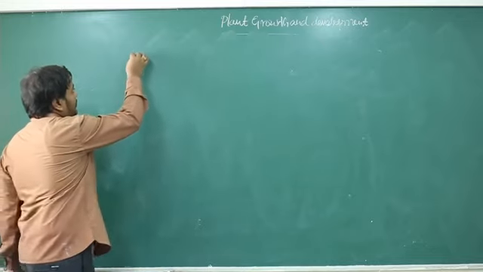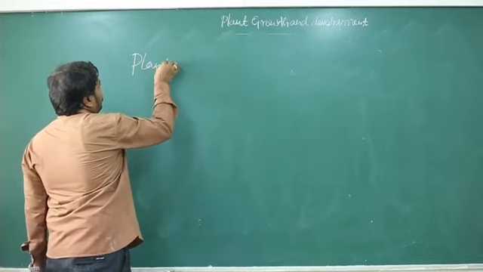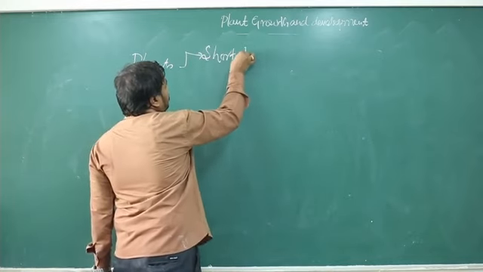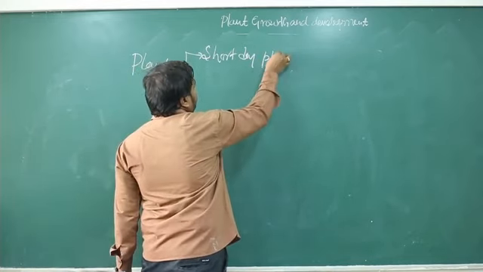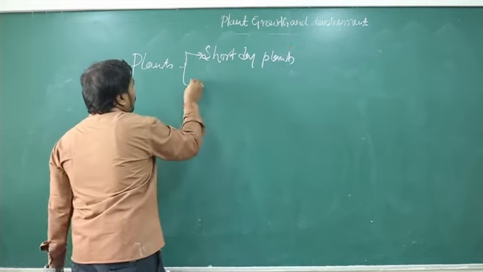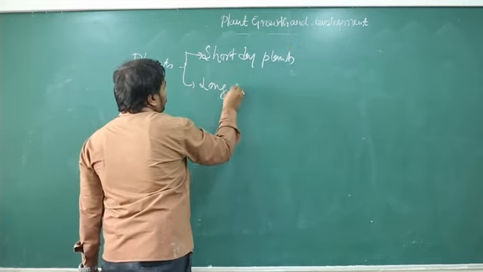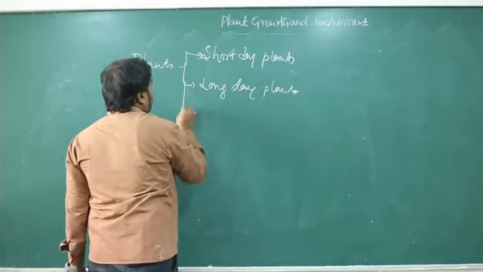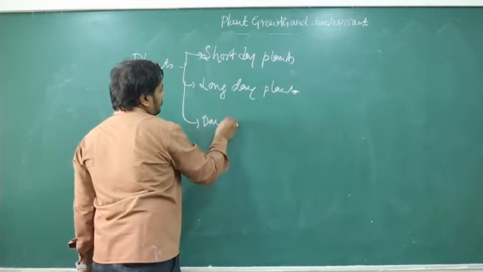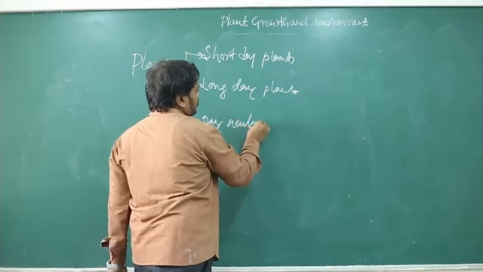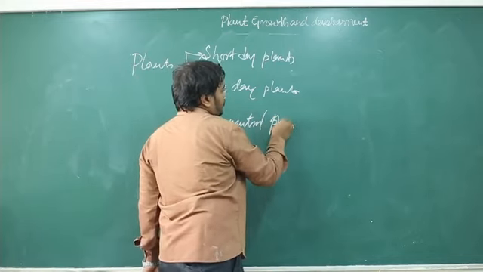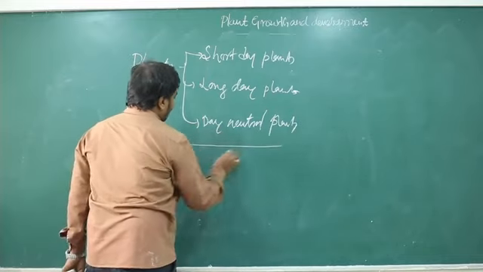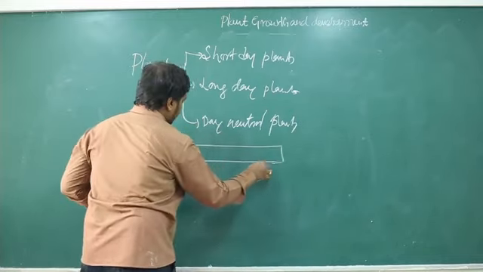So based on flowering pattern, the plants can be divided into short day plants, then long day plants, and day neutral plants. Okay, so each and every plant requires a certain length of light period.